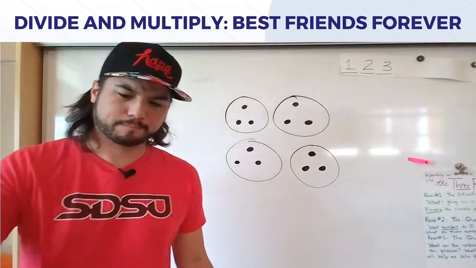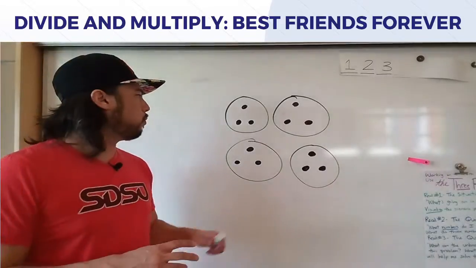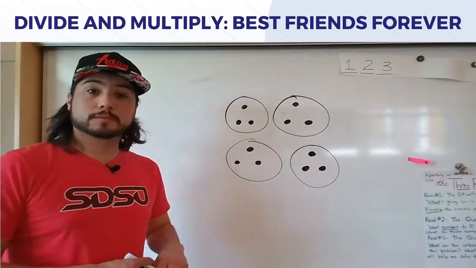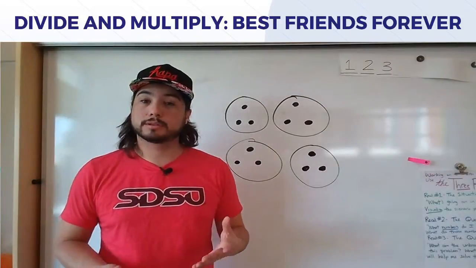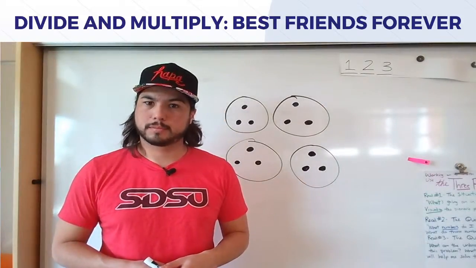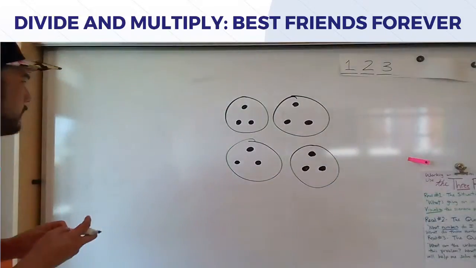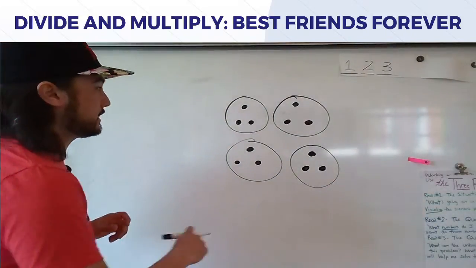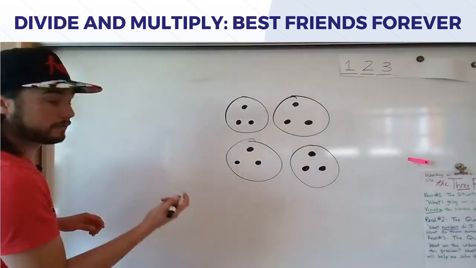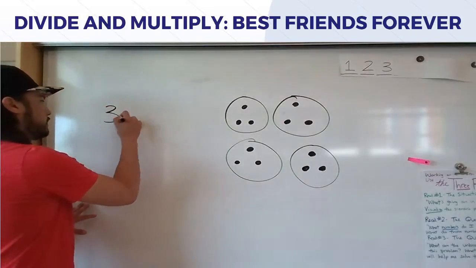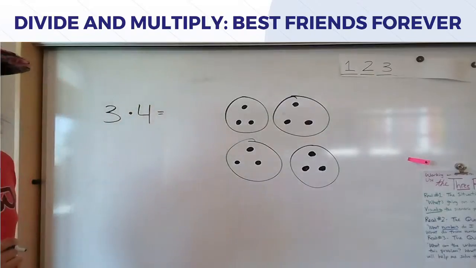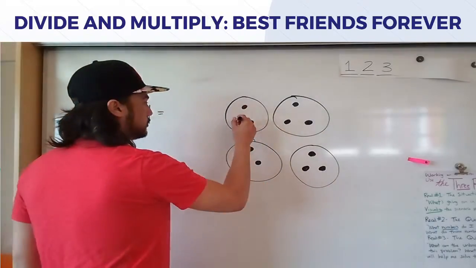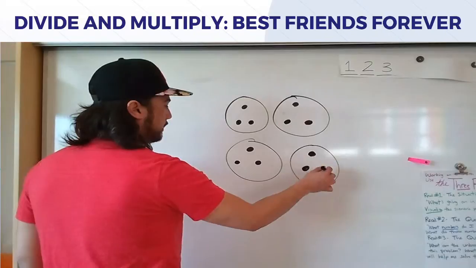Okay, we've got 1, 2, 3, 4 groups, and 1, 2, 3 things in each group, 3 units in each group. Okay, so when we're thinking about this in terms of equations, we could think of it as 3 groups of 4, or 3 times 4, equals 1, 2, 3, 4, 5, 6, 7, 8, 9, 10, 11, 12.